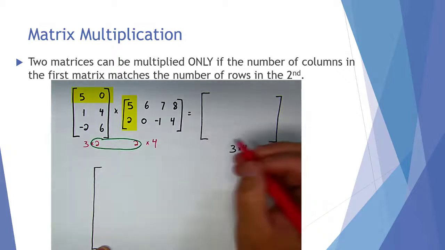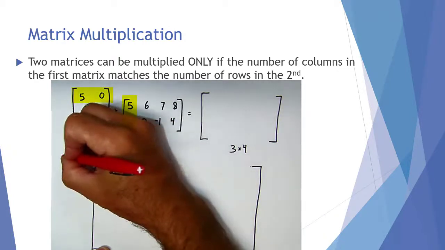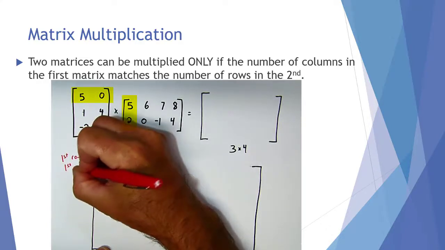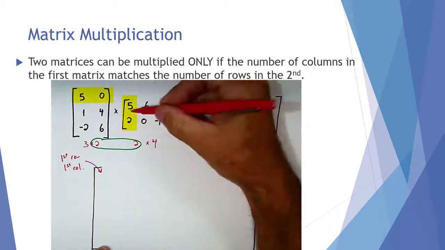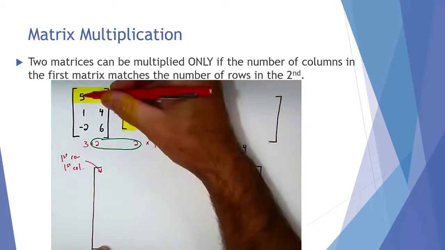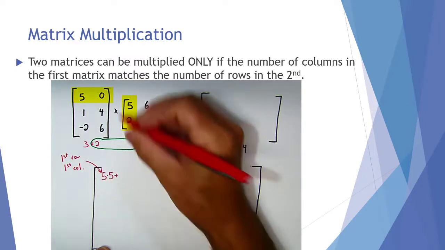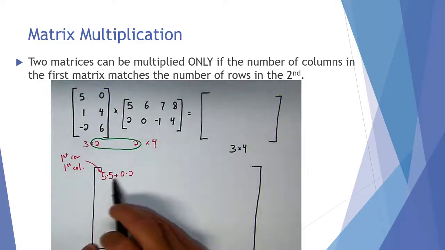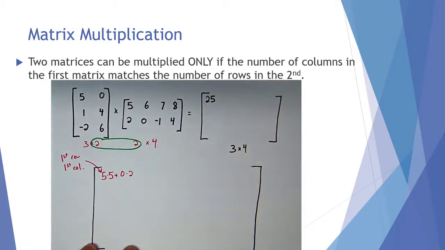That's why the row-column relationship is so important, since this is first row, first column. I'm going to combine the first row here with the first column here. So that's going to be a dot product, 5 times 5 plus 0 times 2, which of course is 25 plus 0, so our top left entry is 25.